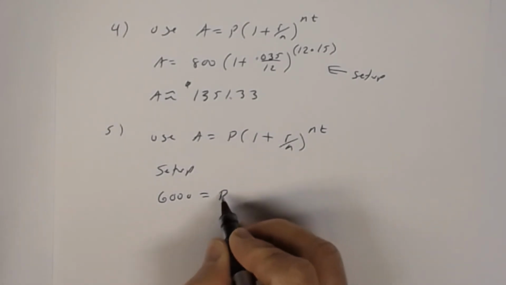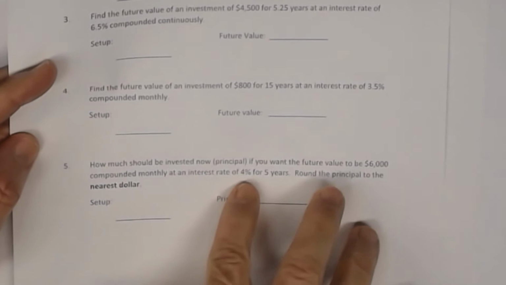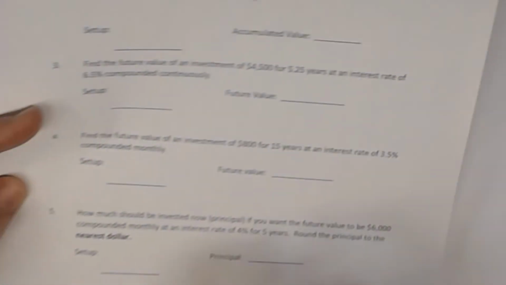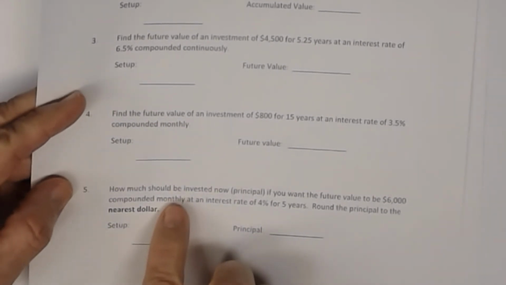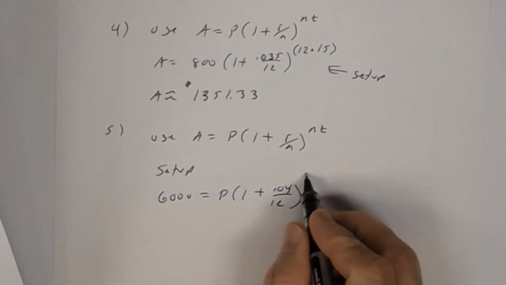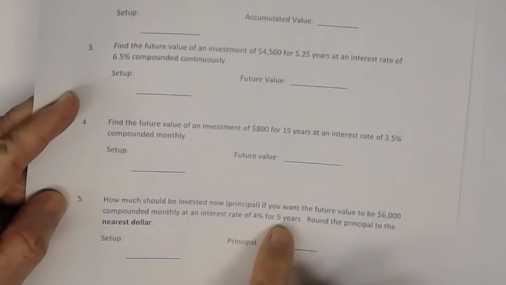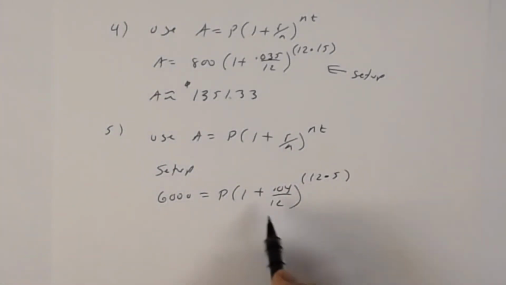You want to know how much you invest now, times 1 plus R. The rate is 4%, so that's 0.04, divided by the number of times compounded a year, so monthly, so it'll be 12, raised to the 12 times 5, so 5 years. All right, and so there's your setup.